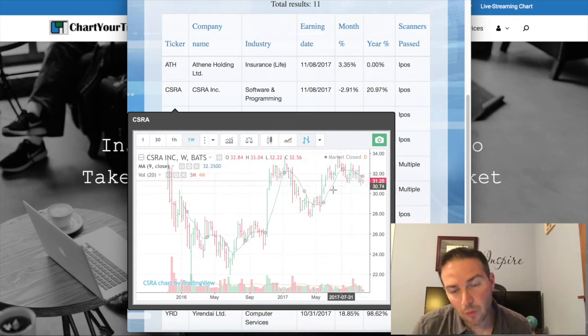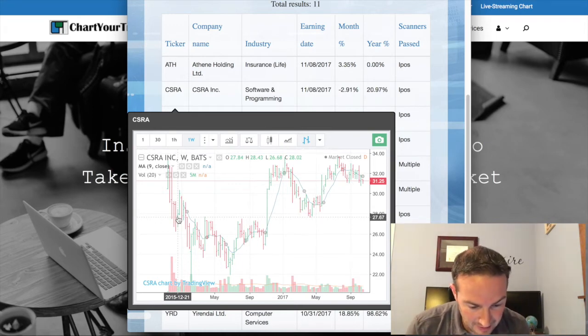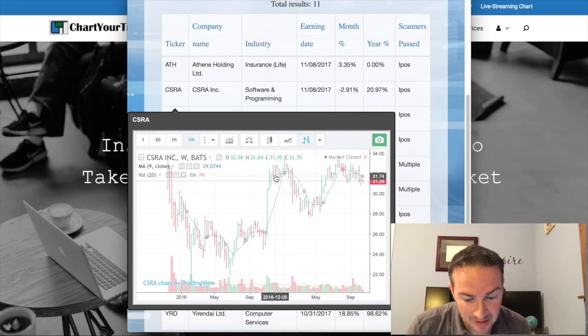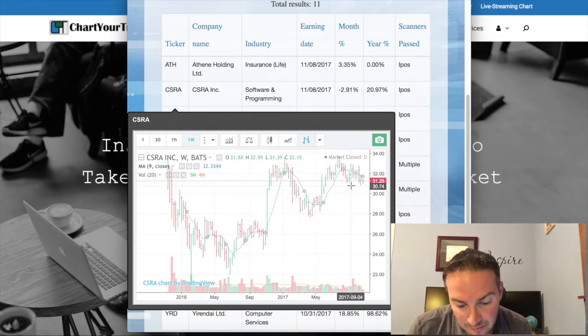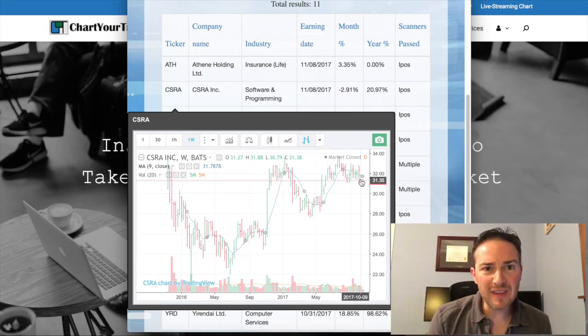And well, what I want to highlight here, technically speaking, is that it formed this deep cup, and then it formed a shallower cup, and now it's potentially forming another shallow base, and we could see the character of the stock change right before us.